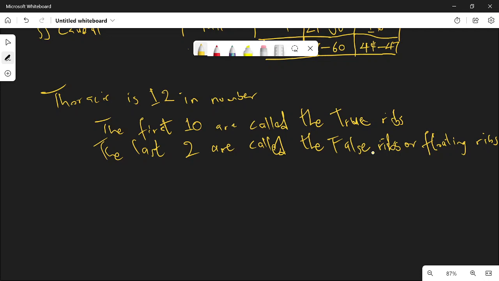Then we have the lumbar vertebrae, found in the upper abdomen, then the sacral, found in the lower abdomen, and then we have the caudal. The caudal makes up the tail bone.